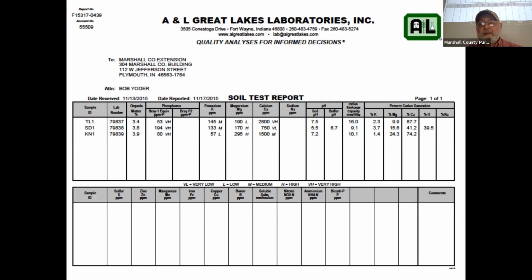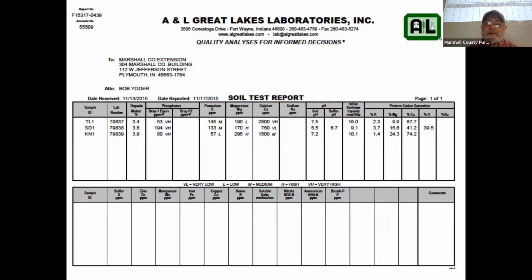Sometimes, though, we'll have a pH that we do not want to raise, but we need to supplement with calcium, which when it's very low, we need to do. And we can use gypsum in that instance because gypsum has sulfur associated with the calcium to keep it from raising the soil pH. So that's a tool we can use to raise calcium levels in soils where we do not want to raise the soil pH.